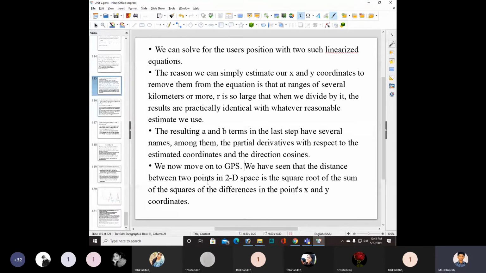You need to remember that the distance between two points in two-dimensional space is equal to the square root of the sum of the squares of the differences in the points' x and y coordinates.